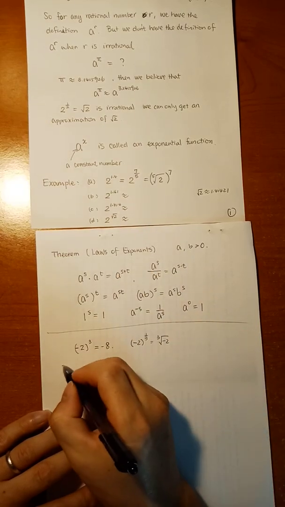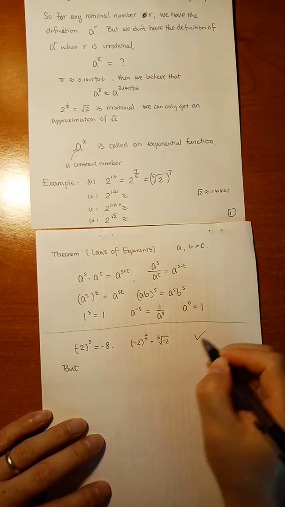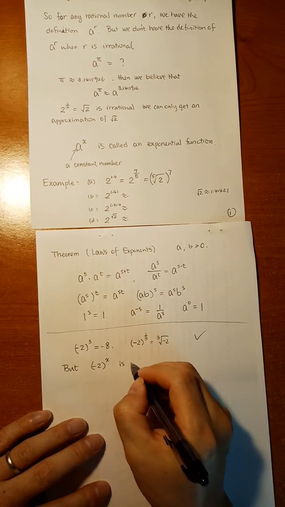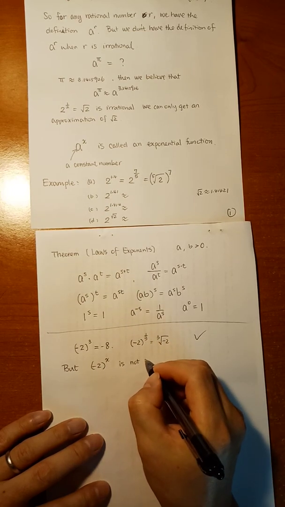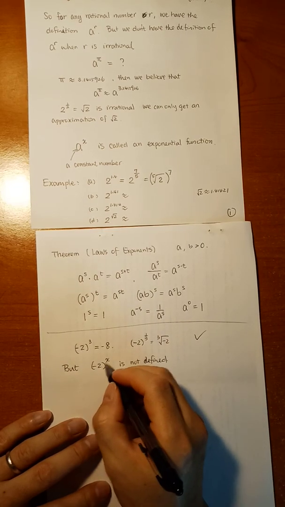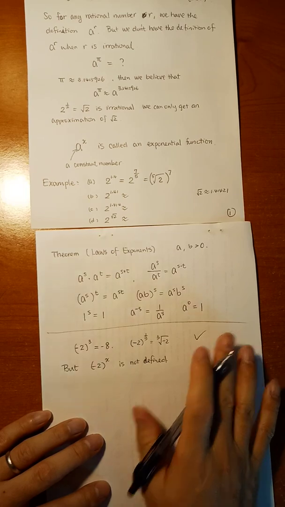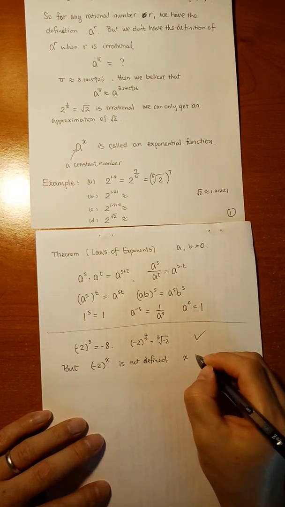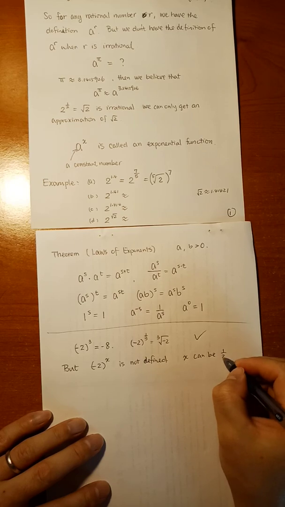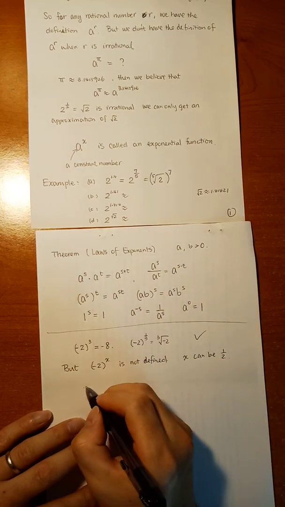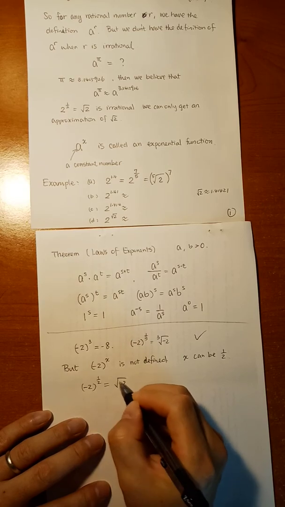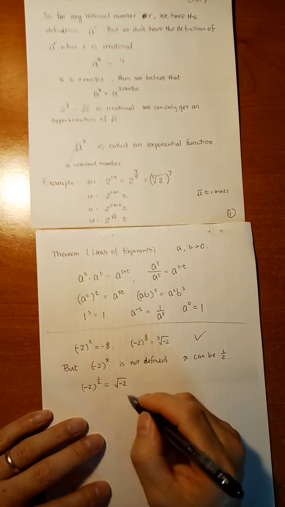But we do not have this one: negative 2 to x is never defined because this x can be 1/2. For example, when x is 1/2, you will have negative 2 to 1/2, which is a square root of a negative number. This one is undefined.